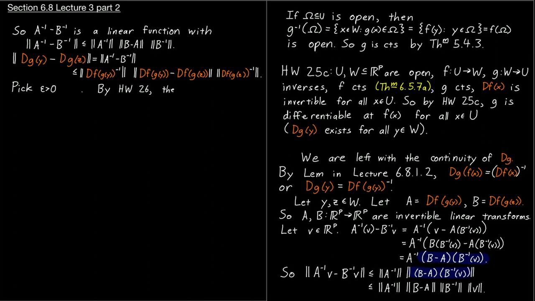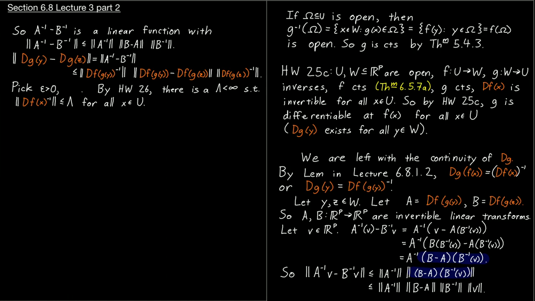There is a positive number lambda, a finite number lambda, such that this norm, the df of x inverse is less than or equal to lambda for all x in u. So of course that's going to be true for g of y and g of z in particular.